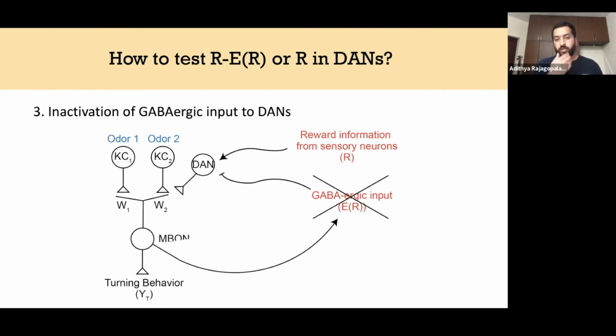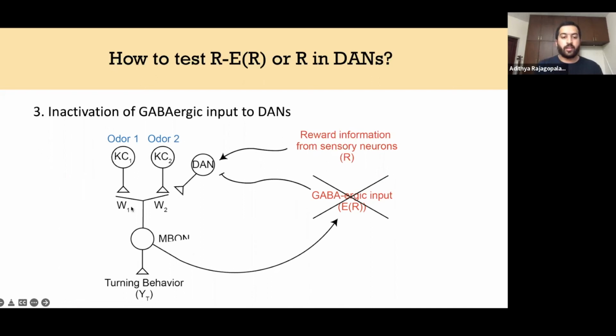And the other potential option, based on the EM data set that has been generated at Janelia, where they mapped more or less the whole brain using electron microscopy, we identified a GABAergic neuron that sends inhibitory input to the dopamine neurons that also receive reward information. And these GABAergic neurons, in fact, receive input from the mushroom body output neurons.